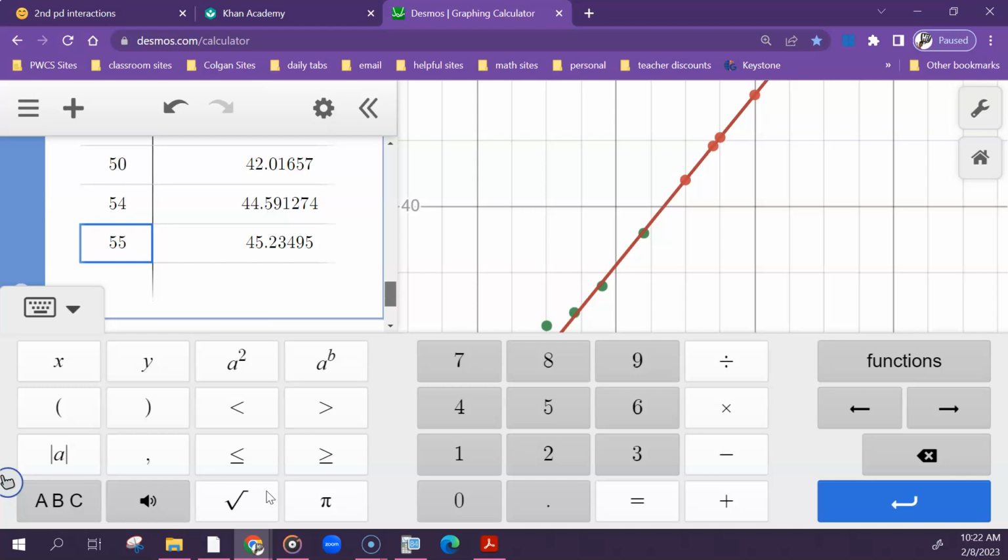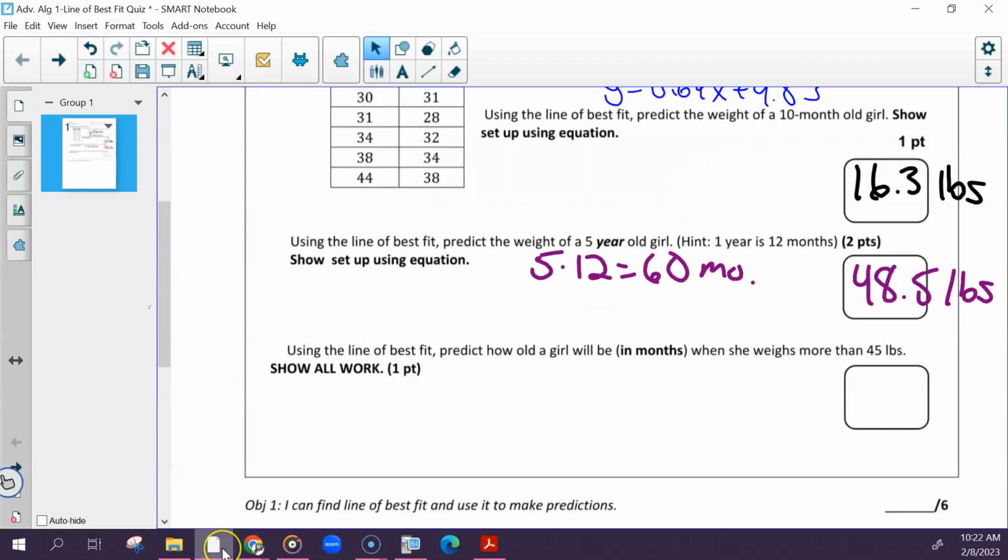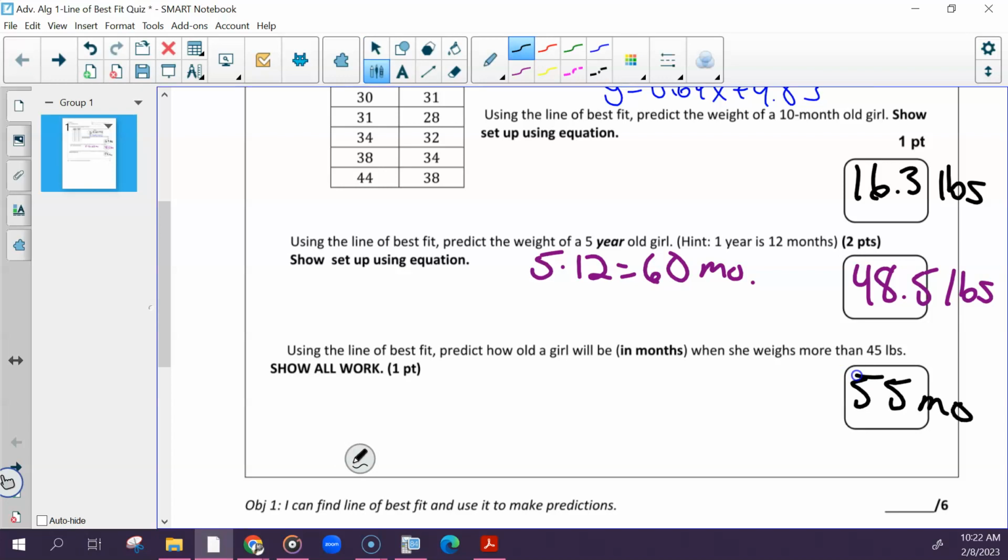Some of you got the exact, and we'll talk about how else you would get that here in a second. So 55 months was the correct answer. If you had decimals, as long as they would have rounded up to 55, that was fine.